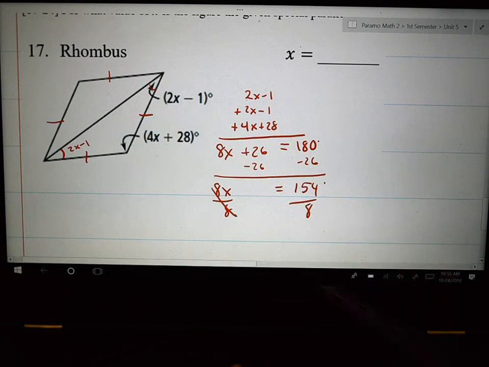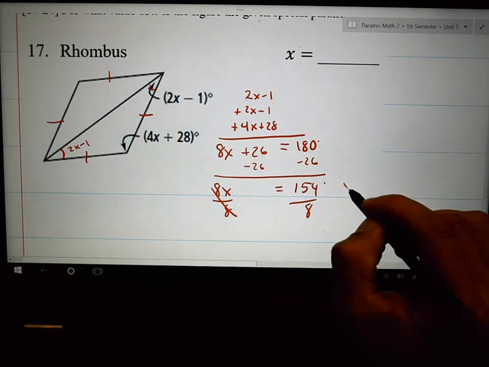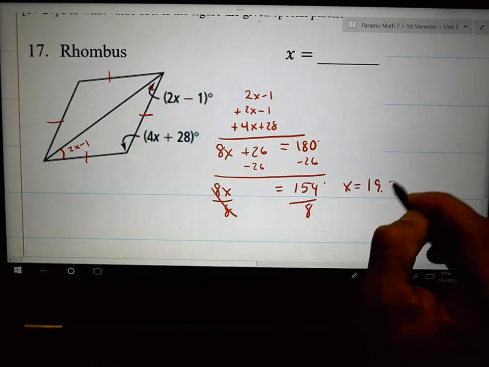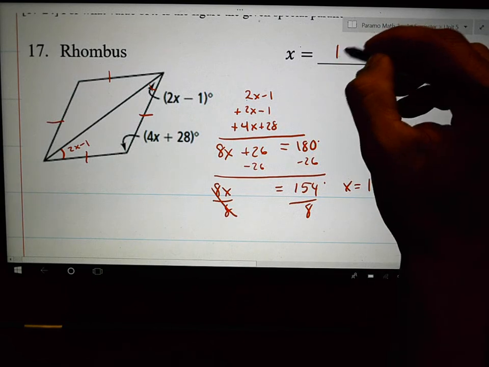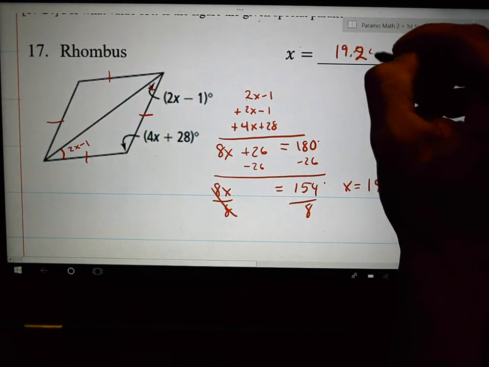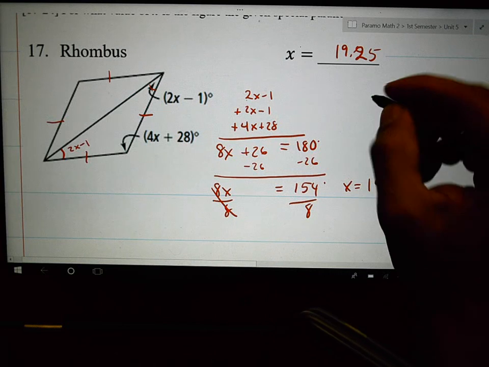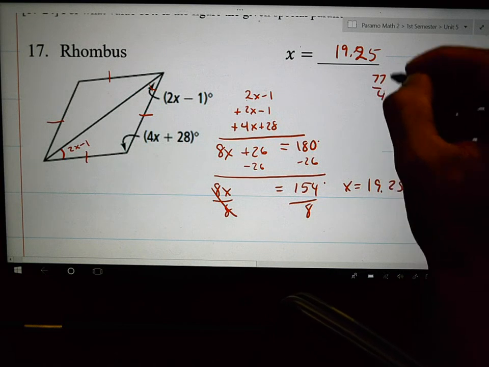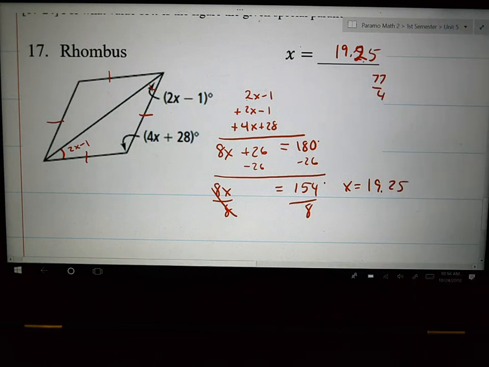If it does not go in evenly, don't worry. This one comes out to be a decimal. I would accept it as a decimal or as a fraction. Either answer is correct: 19.25 or 77/4. We'll stop your notes right there.